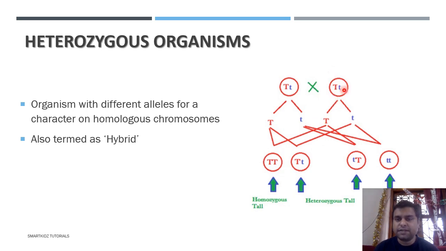However, in case we combine this small t over here with the capital T from this particular plant, we'll get a combination of small t, capital T. In this case too, what we'll see will be a tall plant, but at the gene level, it will be heterozygous tall, because it has got a recessive allele too.